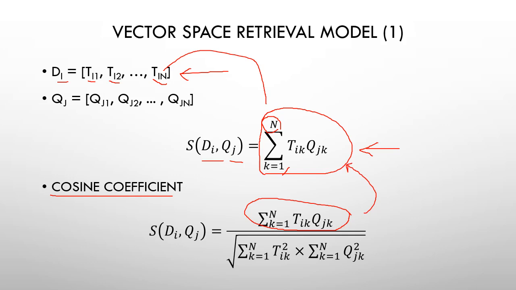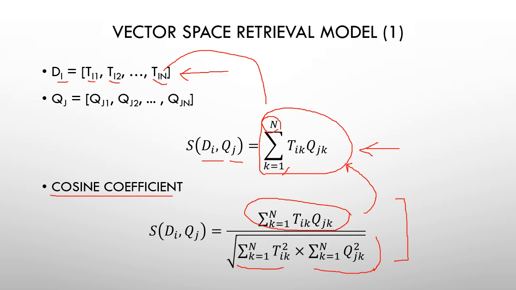The difference is that there is a denominator here, which is the square root of the summation of tik squared multiplied by the summation of qjk squared. So the value is now bounded between 0 and 1, and it is called the cosine coefficient because the value is never greater than 1.